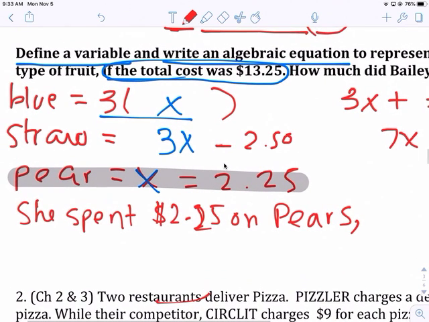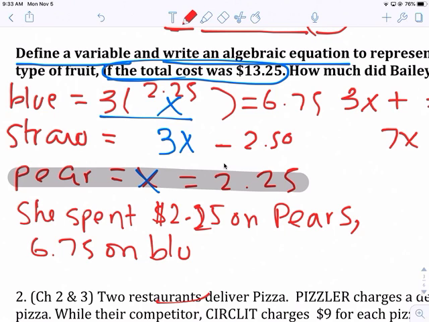How much on blueberries? 3 times 2.25, because X is 2.25, so in place of X you put times 3, which equals $6.75 on blueberries.